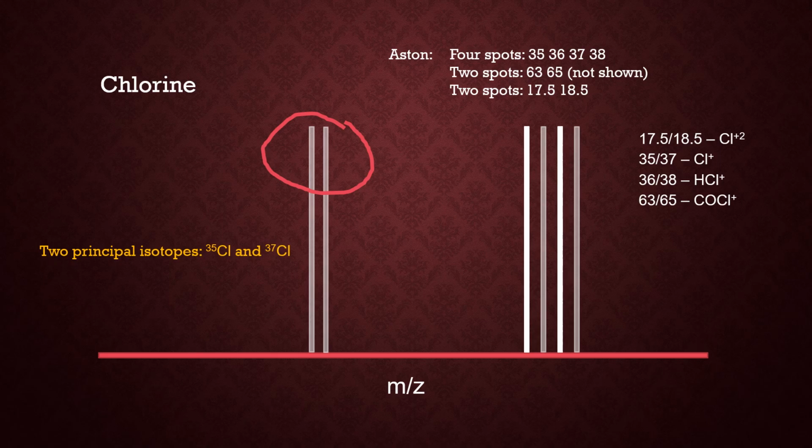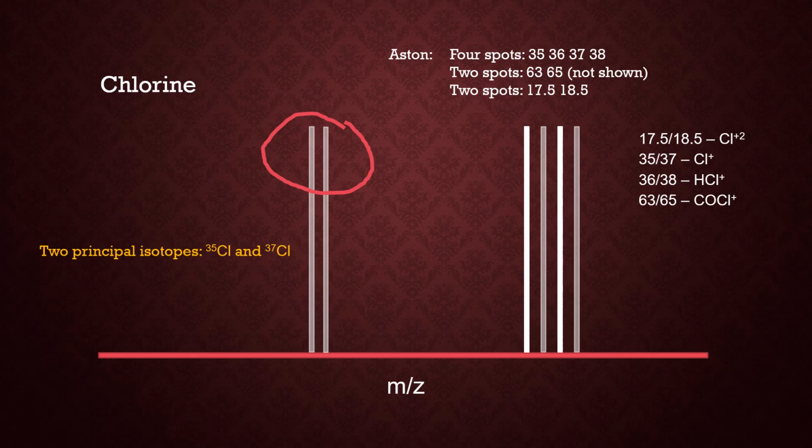And then he has evidence for chemistry taking place. So the 36 and the 38, since he has that crazy concoction in the mass spectrometer as a reference, he's getting recombination in the beam. So he makes HCl, giving him a 36 and 38 line. Faint, right? Not much chemistry is taking place, but some is.